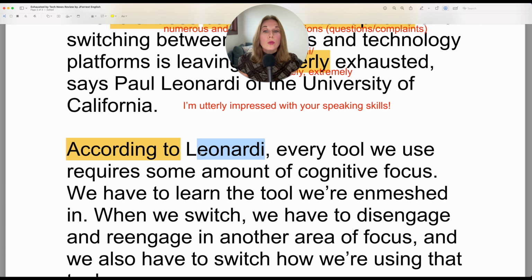So according to someone in this case, but to use a something, you could say according to Leonardi's research, and then yes, he did the research, but your focus is on the research. So it's more on a something rather than a someone. So it's very commonly used with both.